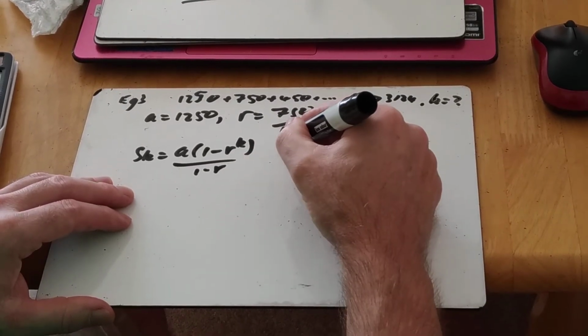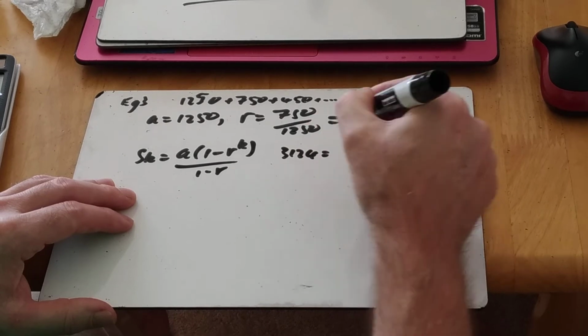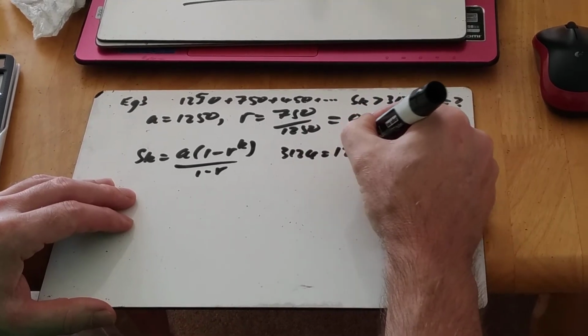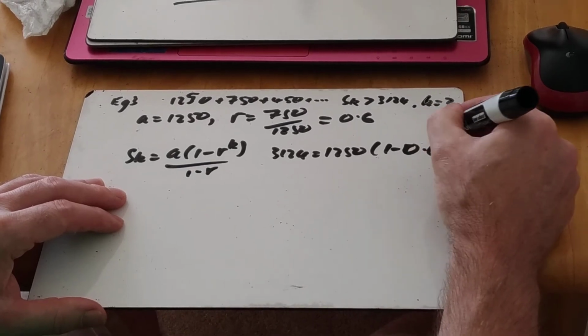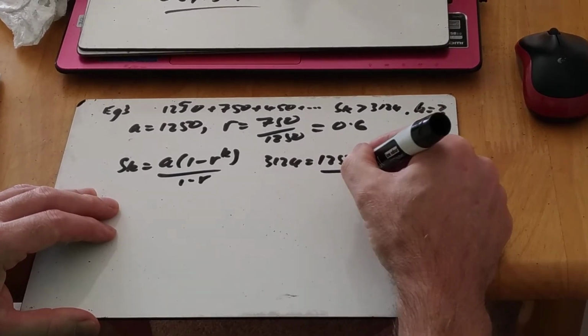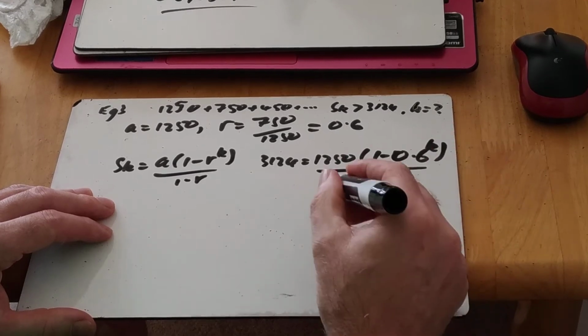So I'm going to stick 3124 equals 1250 bracket 1 minus 0.6 to the k, over 1 minus 0.6.